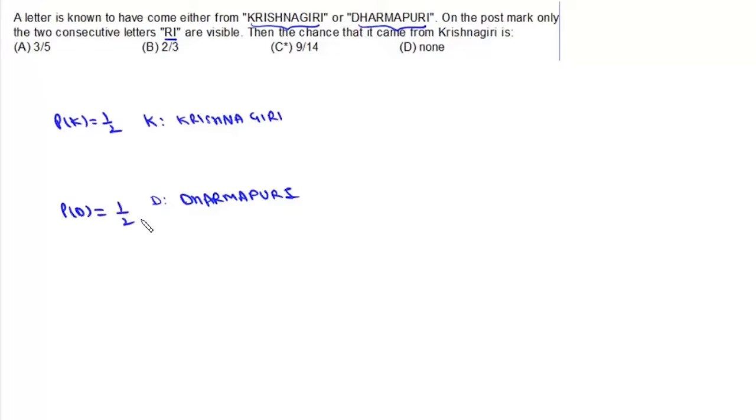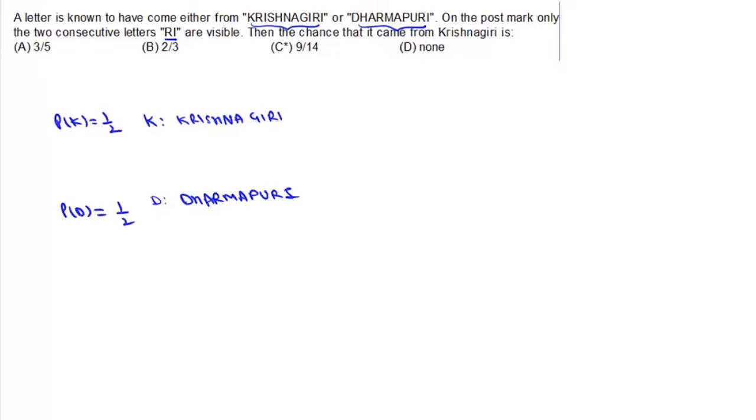Let us say this event K is, it has come from Krishnagiri, and event B, that it has come from Dharmapuri. Now getting a letter from either of these 2 places is equally likely. So this probability is 1 by 2, and this probability is also 1 by 2.